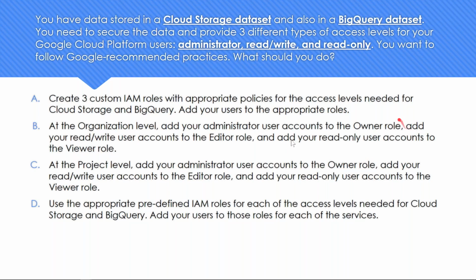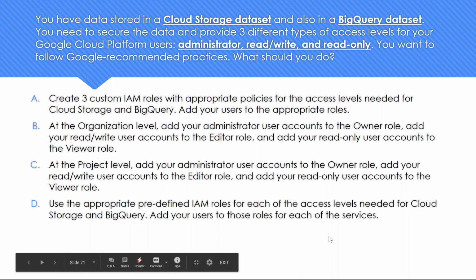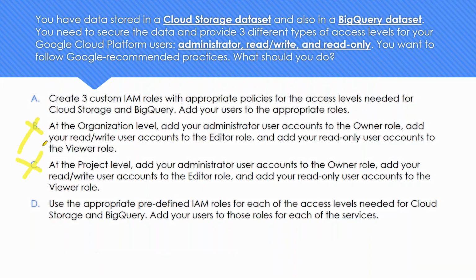I'm not a fast reader. I use this trick, and I come to know the only difference is one word: project. There it is an org level, this is a project level, but the role is again broader. So it's again not a recommended one because you're giving broad access. B and C get ruled out because it's not the principle of least privilege, and they don't need to be owner, editor, viewer. So A is one possible option.